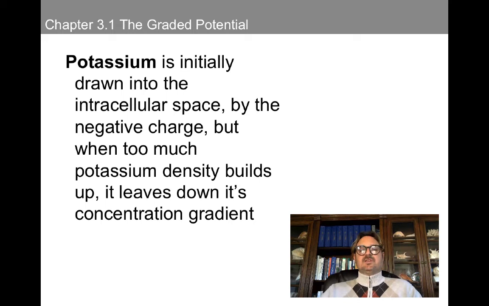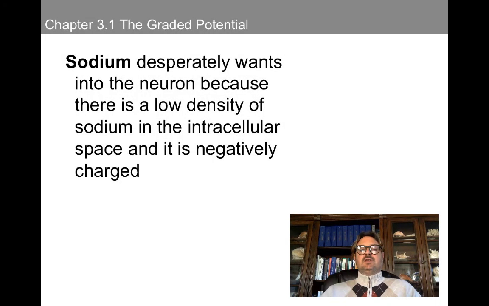Now, potassium's initially drawn into the intracellular space by the negative charge, but when too much potassium density builds up, again, it leaves down its concentration gradient, and sodium desperately wants into the neuron because there's a low density of sodium in the intracellular space, as well as sodium's positively charged.